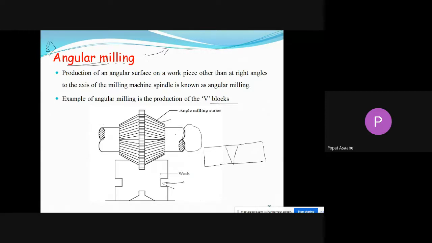To perform angular milling, we use the single angle milling cutter. During angular milling, it is not necessary to maintain the axis of your cutter perpendicular or parallel. It is not required.